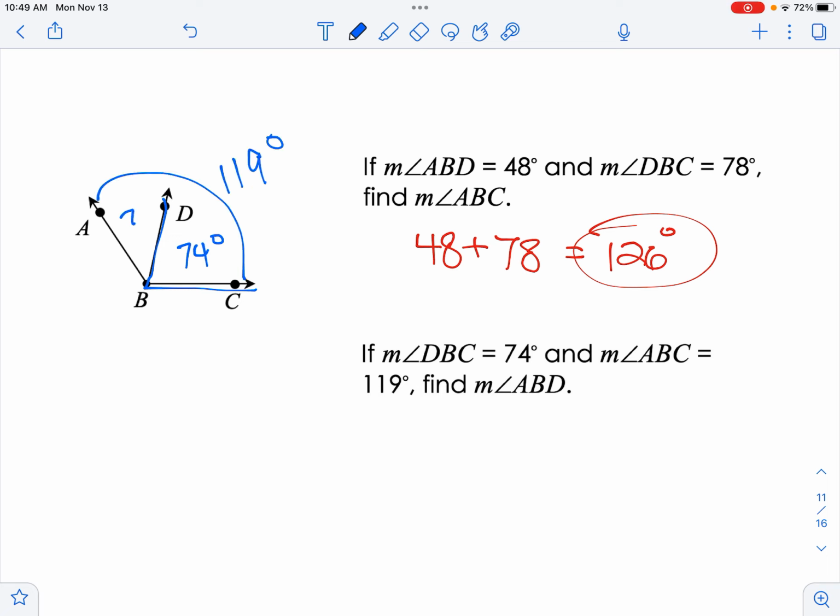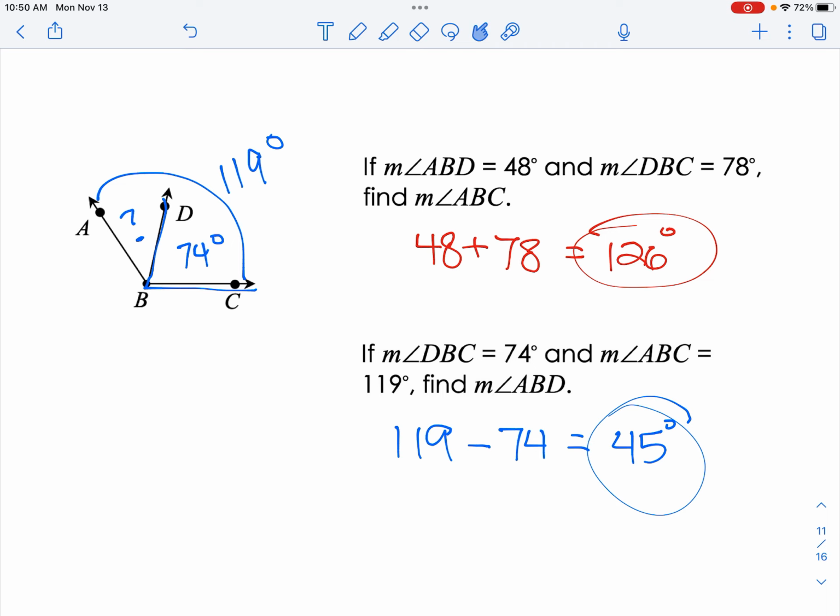Then what is the measure of angle ABD? We just need to subtract those two. 119 minus 74 gives us what's left over, which is 45 degrees. So the measure of angle ABD is 45 degrees.